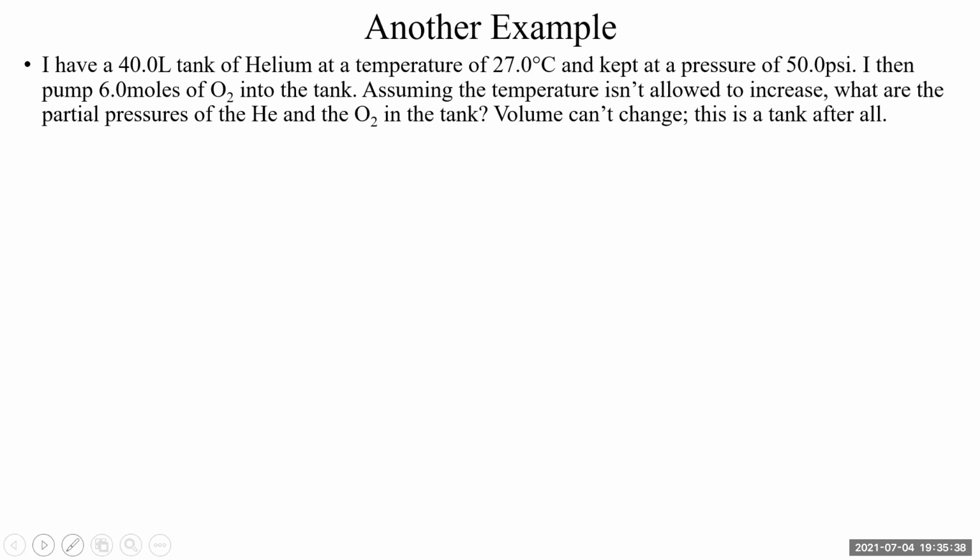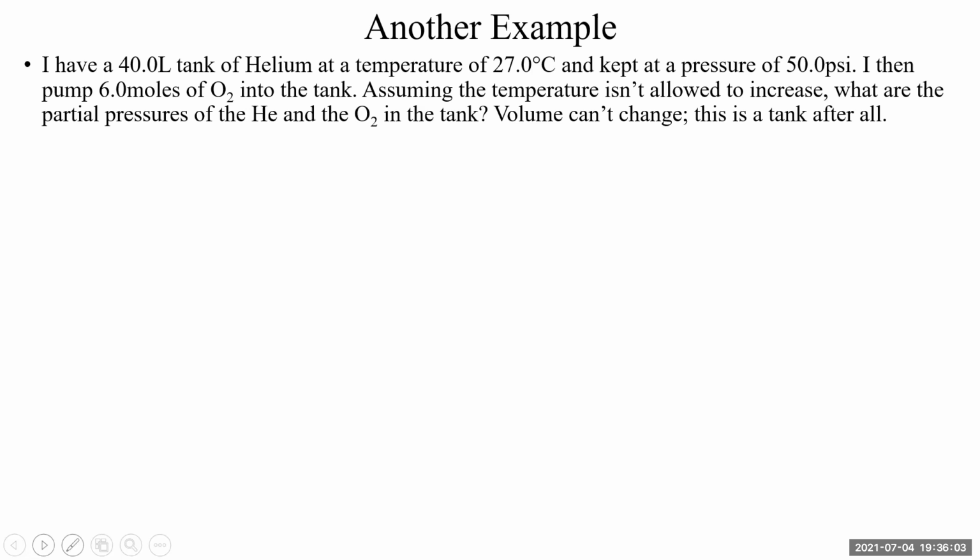So I should be pumping up the pressure. That's what I'm saying. All right, so the pressure is building up. Assuming the temperature isn't allowed to increase, what are the partial pressures of the helium and the oxygen in the tank? Volume can't change. This is a tank after all. So pressure will go up, but we don't know what the final pressure will be.